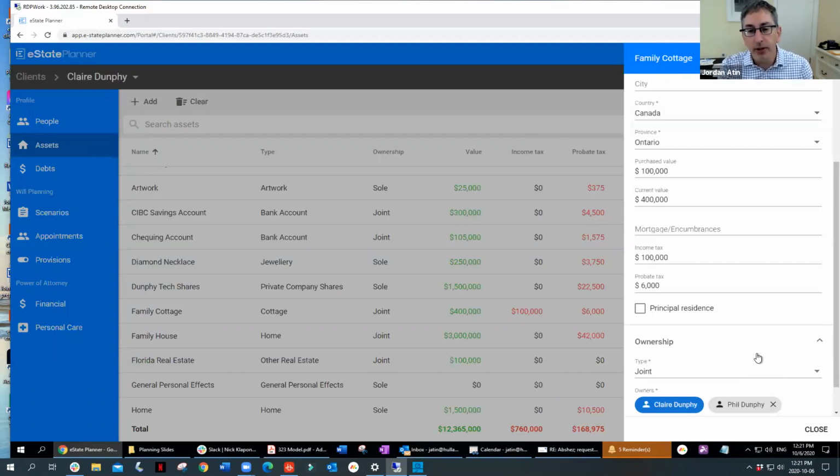In this case, I'm showing you that Claire and Phil own this cottage jointly. And that's more than just an ownership. It has a mini will attached. As I always describe, if two people own something jointly, if this pen is owned jointly by these two people and one dies, they literally just fall right off title, which leaves the other one as the sole owner.